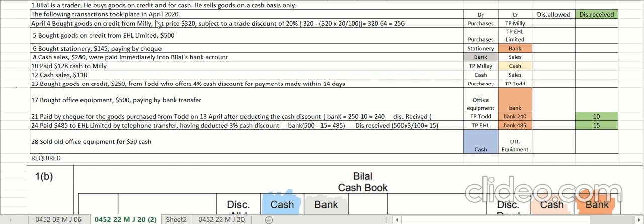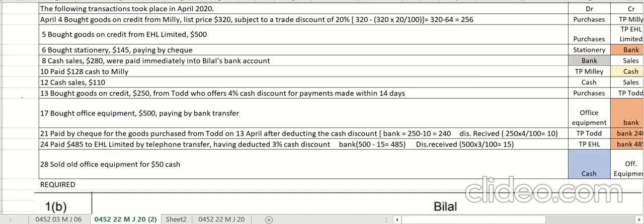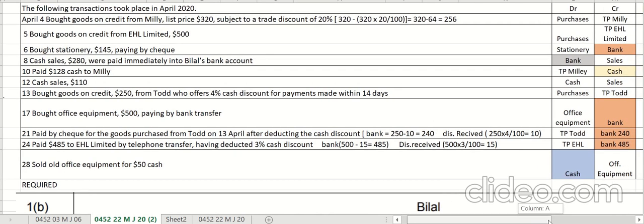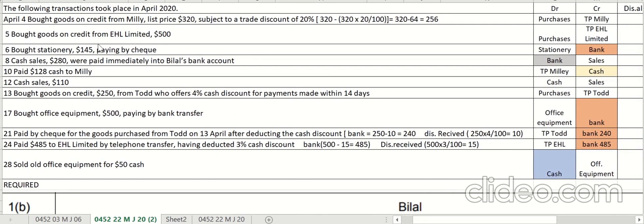The following transactions took place during the month of April 2020. April 4th, bought goods on credit from Millie, list price 320, subject to trade discount of 20%. Remember, in this case, we do not have any impact in cash or in bank.